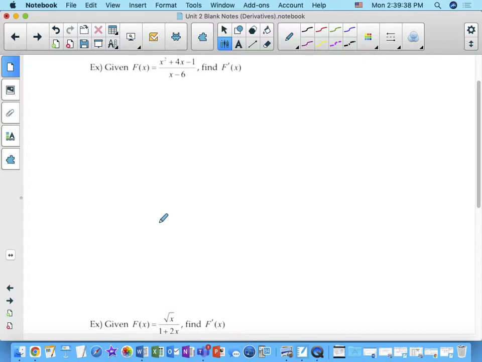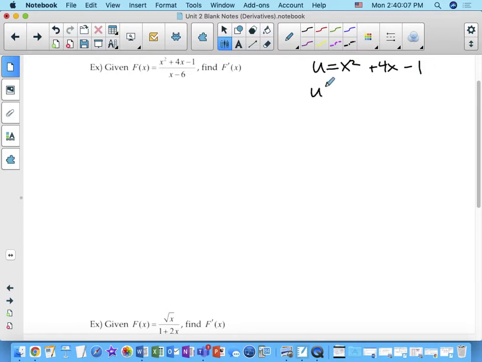Again, we're going to assign u, which is x squared plus 4x minus 1. And in fact, this is another example where you have to use the quotient rule, because nothing factors here. If you just had an x in the denominator, you could divide each term by x and use the power rule. But because it's a binomial, you have to use the quotient rule. There's nothing else to do.